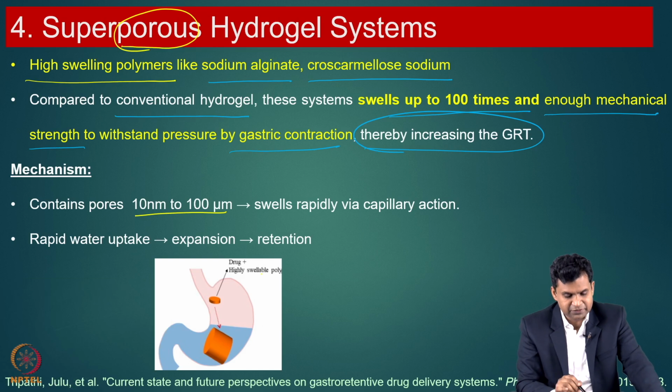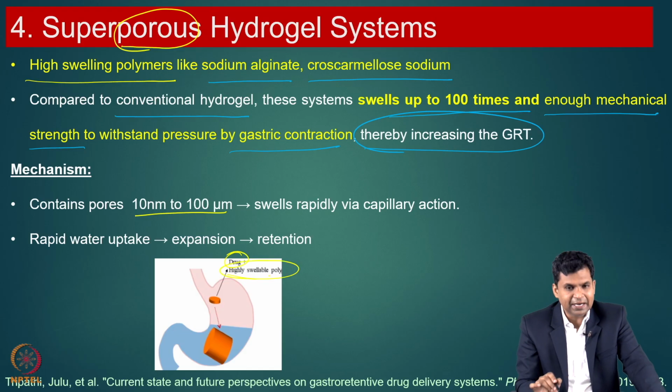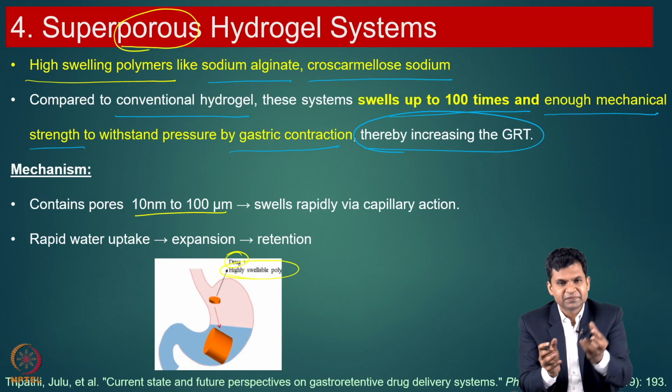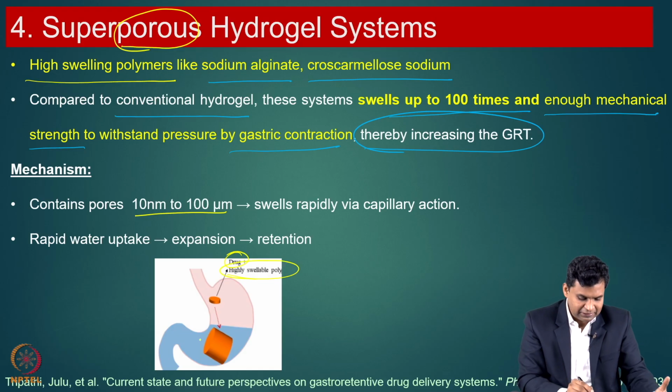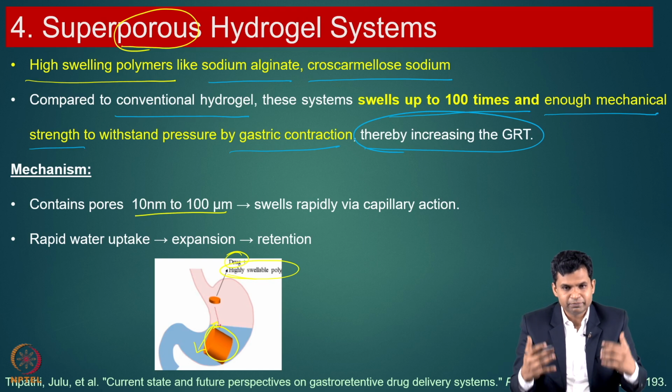You can see here in the pictorial representation, there is a drug and highly swellable polymers that we make into one unit dosage form. After administration, it will undergo swelling. Now, you can see the size of the final dosage form increasing after administration because it swells, and that helps it remain in the GIT conditions.